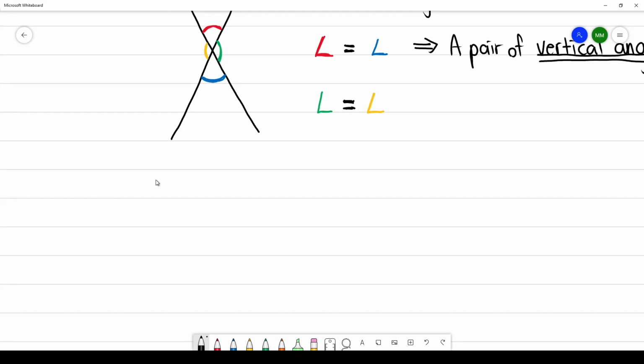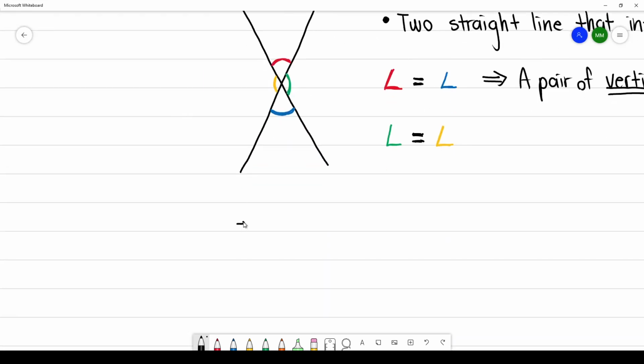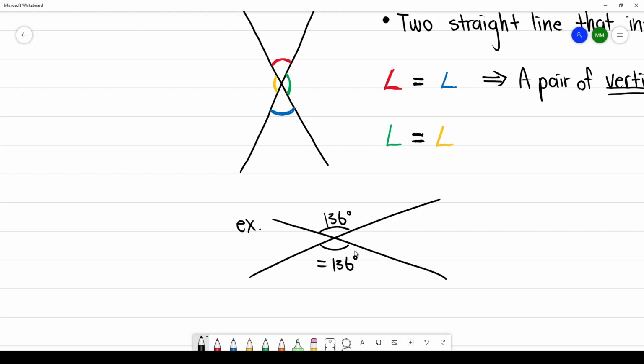So for example, I'll just quickly do one since it's pretty straightforward. Let's say this one is 136 degrees, and this here must also be equal to 136 degrees. They're always equal, okay?